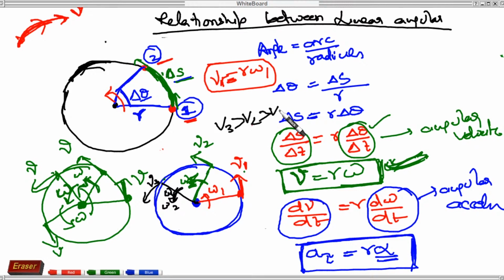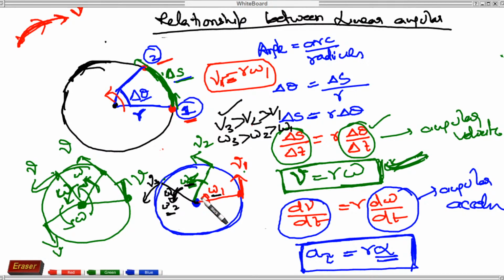It means the linear velocity is increasing, and the angular velocity is also increasing.